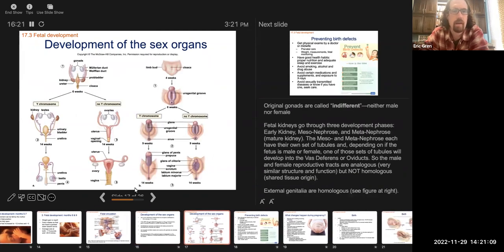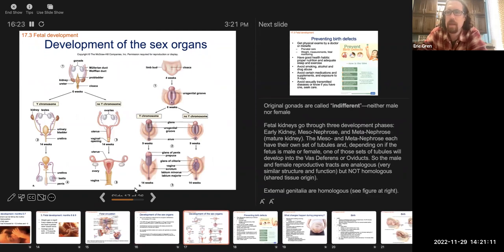Continuing on to the next slide, the reproductive tracts develop very closely hand in hand with the urinary tract. If you look at the embryological development of the urinary tract, what you see is that it goes through 3 separate phases.